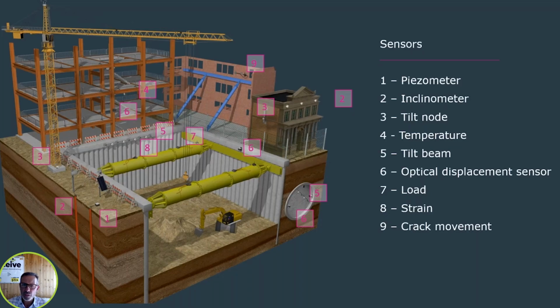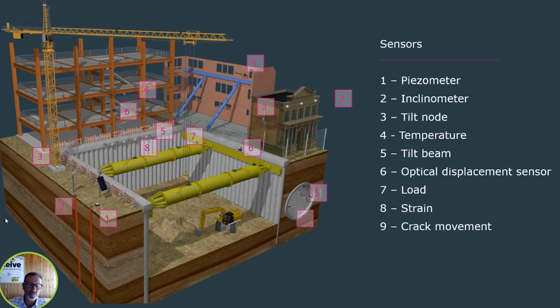So looking a little bit more in depth here, we can see that below the ground, we've got data being harvested from sensors in boreholes. These can include piezometers or inclinometers and extensometers. We've got tilt nodes in various places around this site.